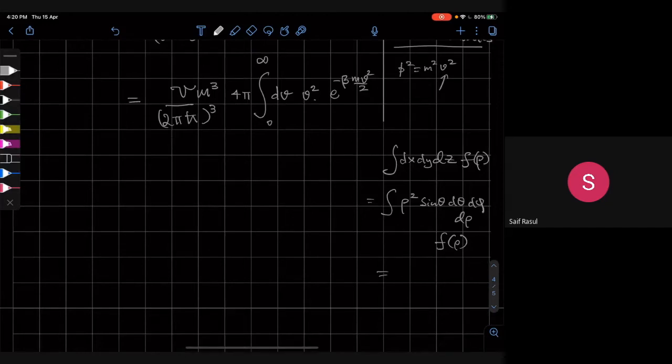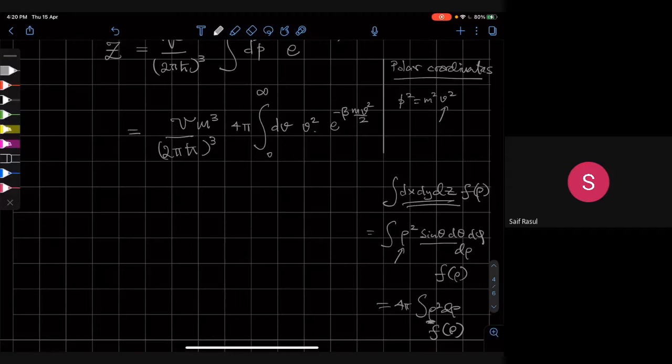Because the integrand is just a function of rho, you can do the other integrals, and that just gives you a factor of 4 pi. What you have left is rho squared d rho times your integrand f of rho. So where is this rho squared coming from? It's coming from the integration measure, the Jacobian, the volume element. Yes, so this v squared comes from the Jacobian, okay?